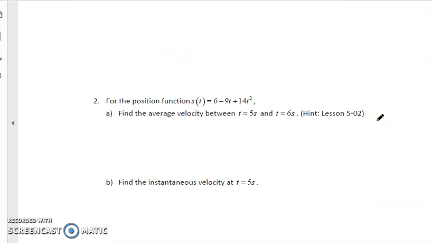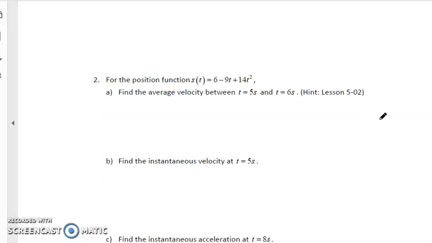But sometimes, look at question number 2, sometimes they ask for the average velocity, or it's even possible that they could ask for the average acceleration. Now, if they do that, that's not your derivative, people.